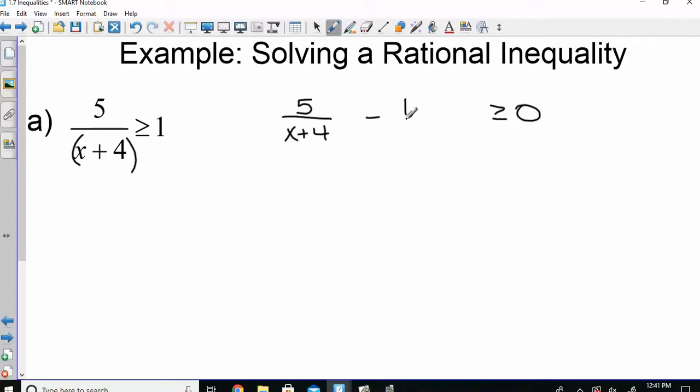I have to combine these into a single fraction. This is like a 1 over 1. What do you need to add or subtract fractions? Same denominator. So I need to turn this into x plus 4 on the bottom. And whatever you do to the bottom, you have to do to the top as well. So I'm going to multiply by x plus 4 on top and bottom.